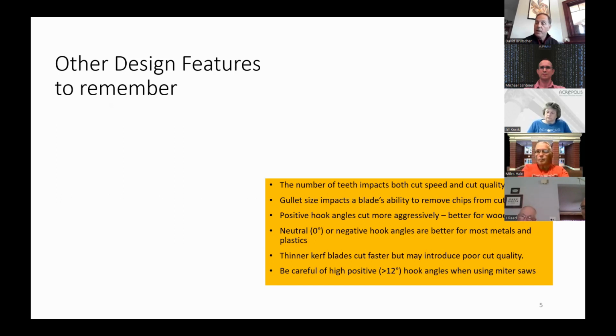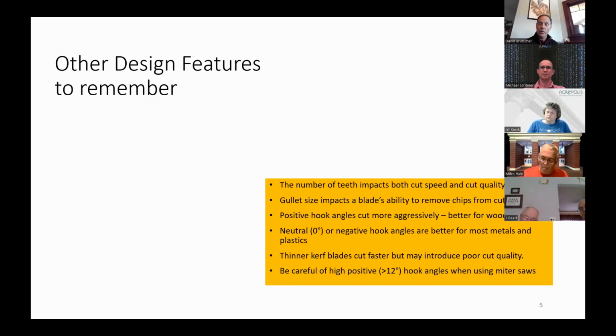One thing I would note is that you really need to be careful with high positive hook angles when using miter saws, especially your slide miter saws. There's quite a bit of confusion out there, or people will get a blade with a 15-degree hook angle that's maybe for wood cutting, but you have to be very careful about the workpiece moving, or the blade grabbing the tooth or the workpiece and pulling it into the saw, or some other catastrophic event.